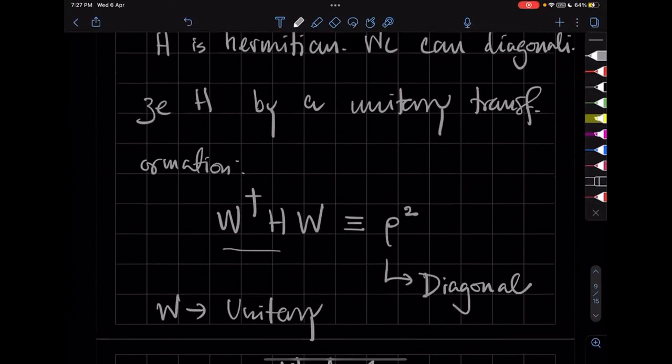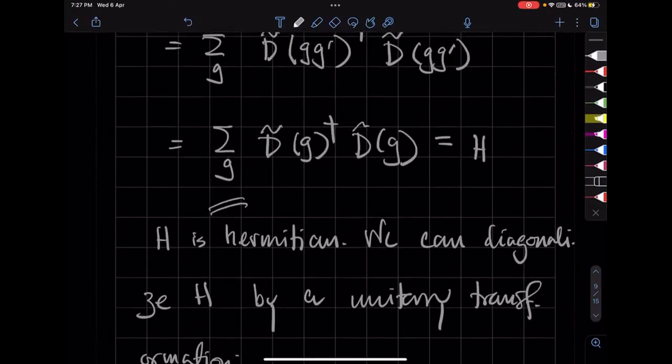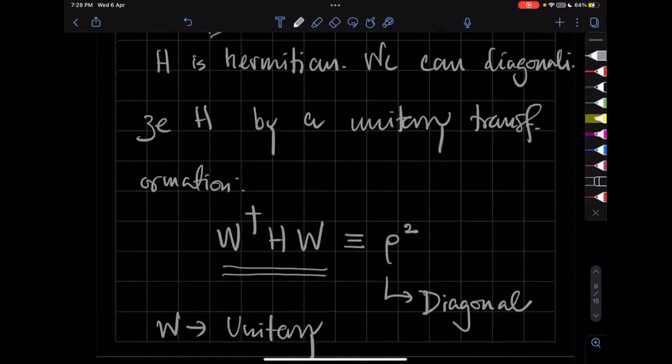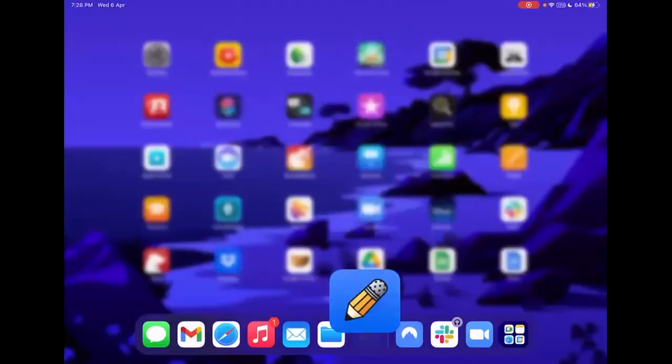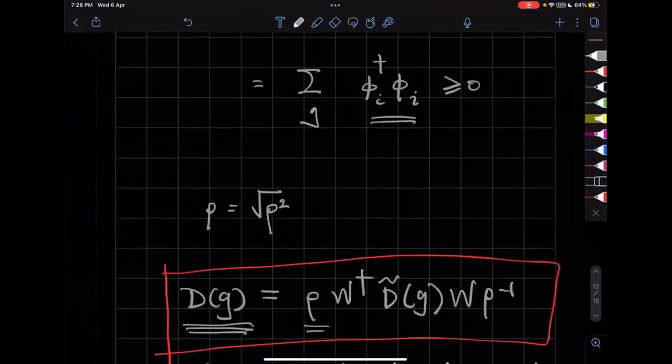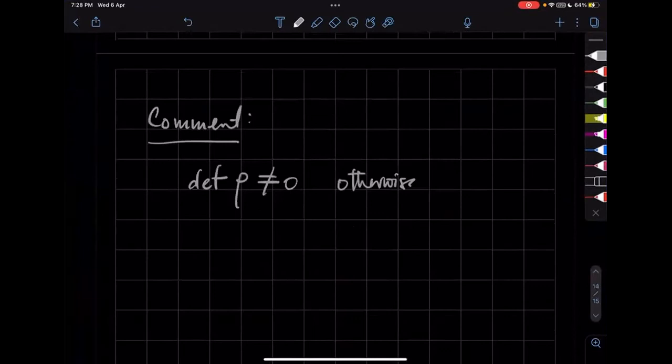So if I go to rho squared and I assume that its determinant is zero, you can show that that would imply that the determinant of D tilde is zero. And that's, of course, not true, because otherwise it would not be a group. Because for a group, we have to have inverse elements. Okay, so this was the proof of the unitarity theorem.